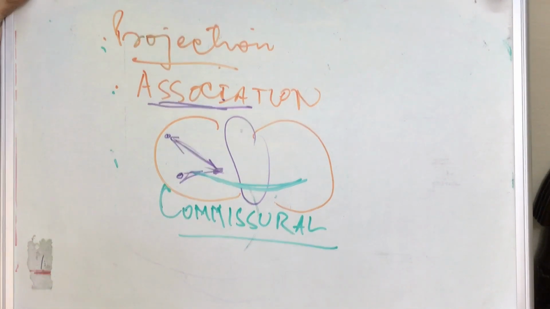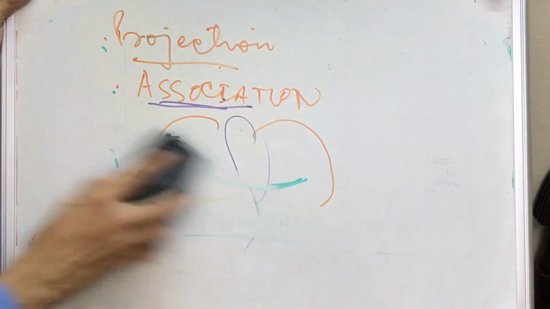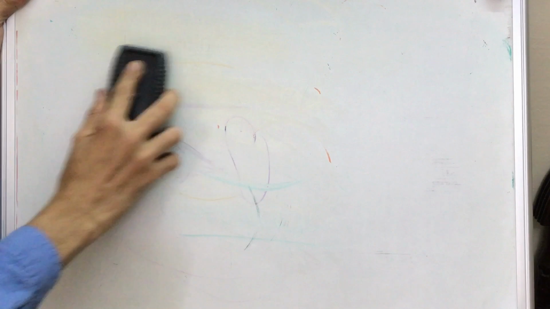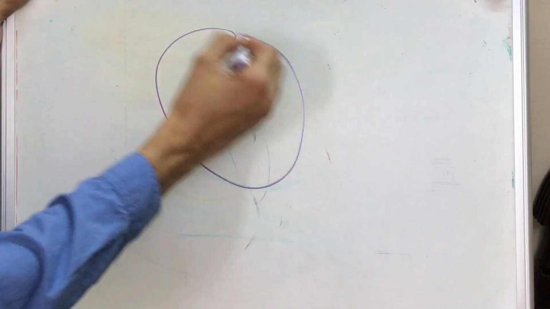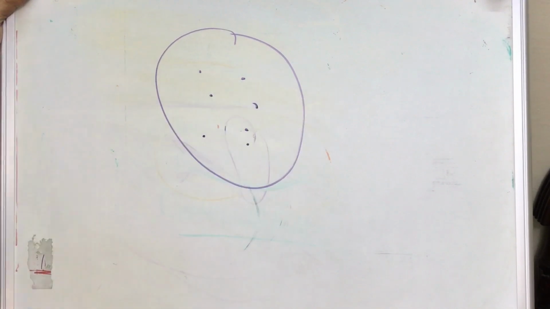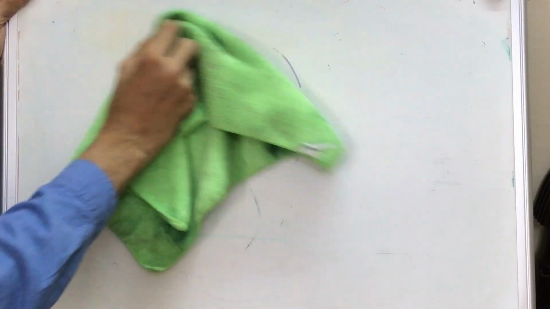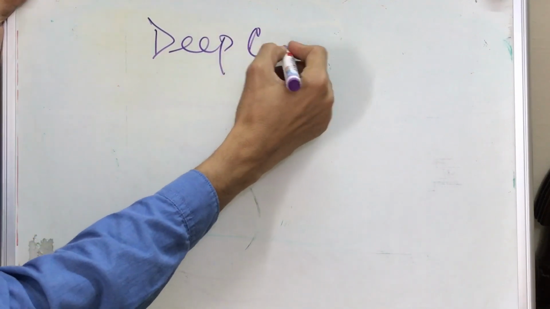Now within the white medulla, apart from these fibers, what else is present? There are a few embedded gray matters. Those embedded gray matters are called nuclei, the deep cerebellar nuclei. That is the third part.